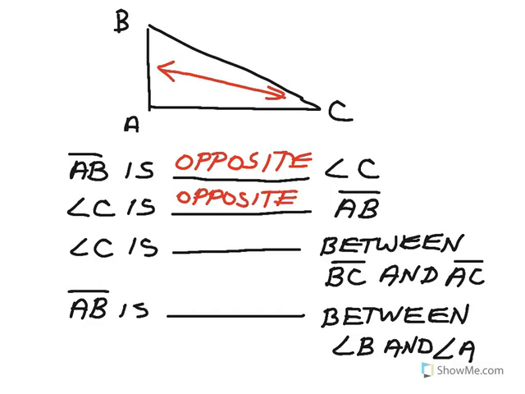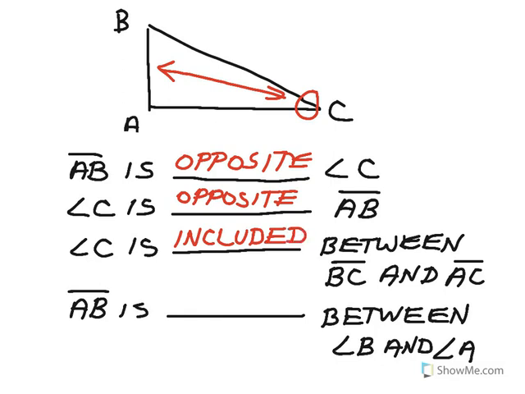Okay, now the other thing is what is angle C between? I look, and this angle is between side BC and side AC. So I use the word included. It's in the middle of the two sides. The sides of that angle are formed by those two sides of the triangle.